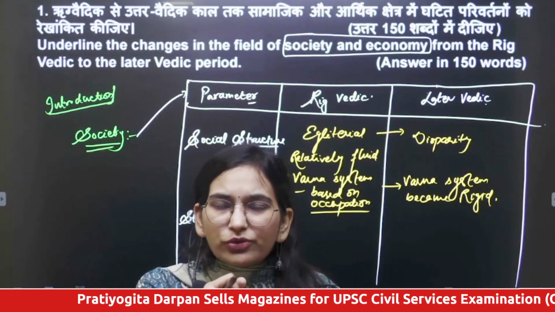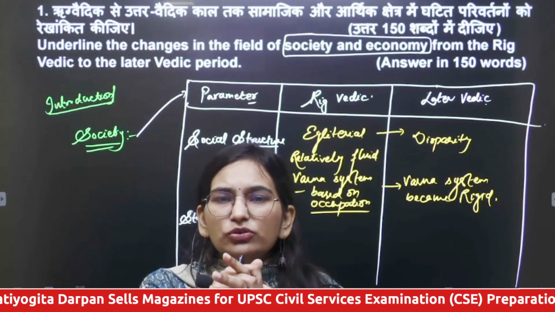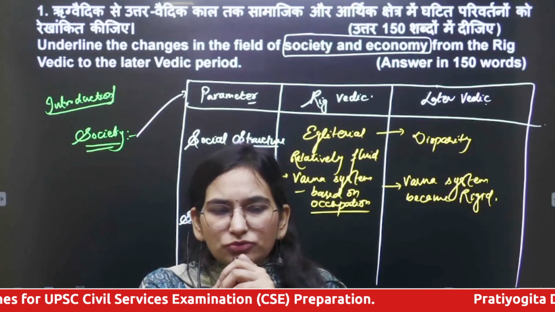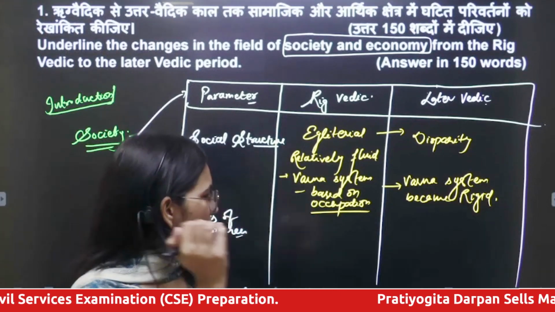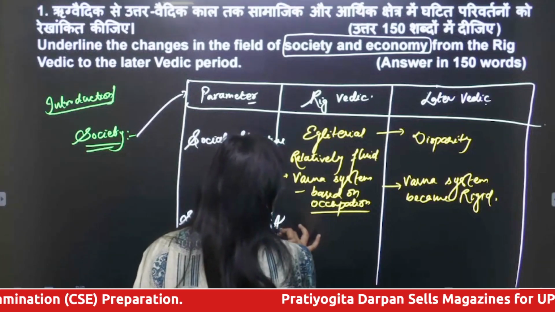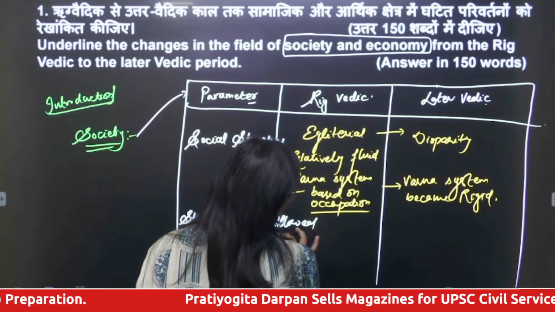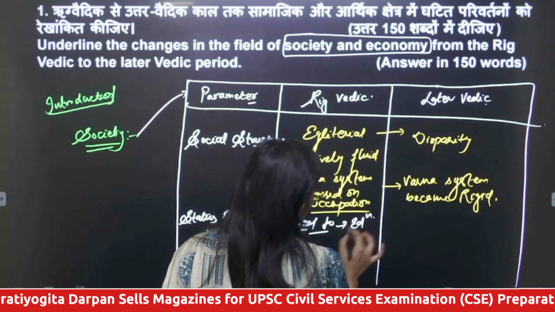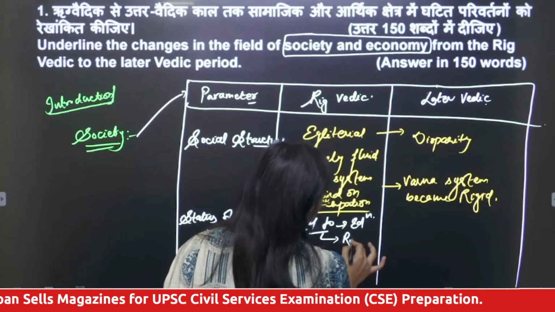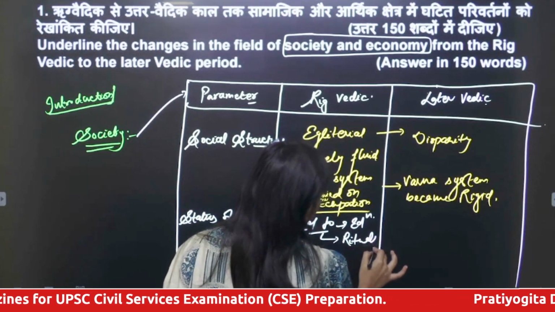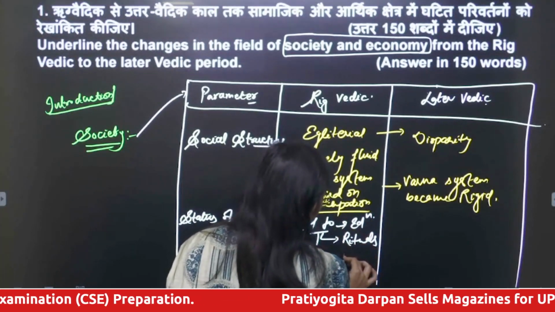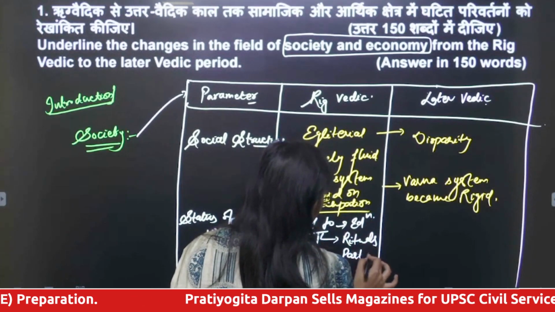They were allowed education. They were allowed to take part in rituals. They were allowed to choose their life partner. So they could take education, participate in rituals, and they were allowed to have a partner of their choice.